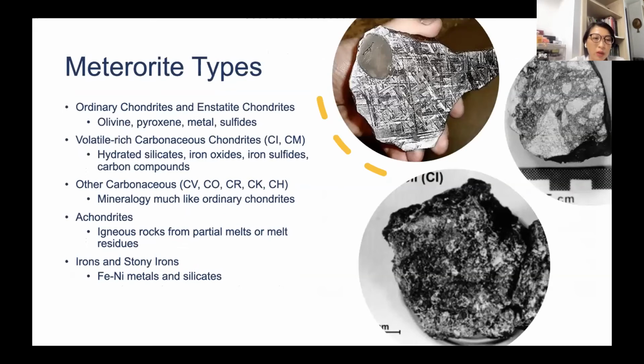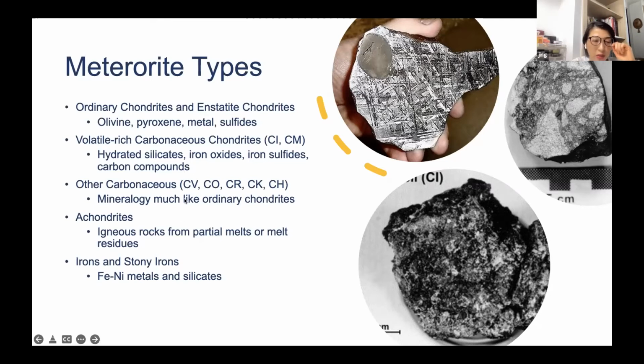Then we have a big collection of meteorites. The ordinary chondrites and enstatite chondrites contain mainly olivine, pyroxene, metal, and sulfides. Volatile-rich carbonaceous chondrites like CI and CM contain hydrated silicates, iron oxides, iron sulfides, and carbon compounds.